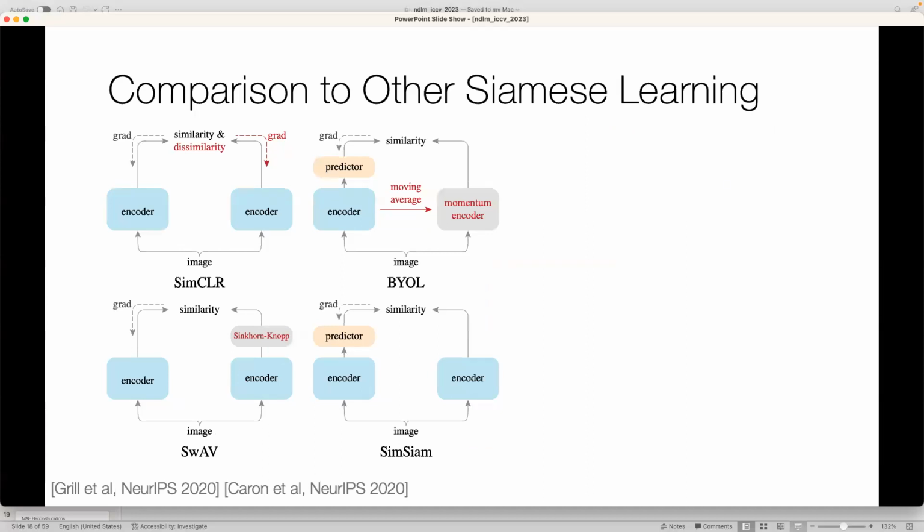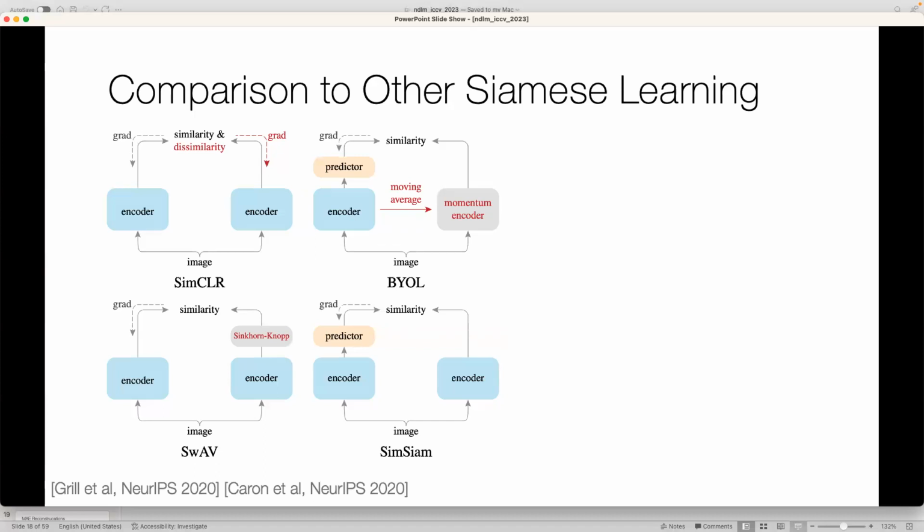And I want to put SimSiam in context to compare with other Siamese learning frameworks. So here I'm listing 4 of them. In fact, you have already seen the top left one and the bottom right one. The top left one is a simple contrastive method, and the bottom right one is SimSiam.